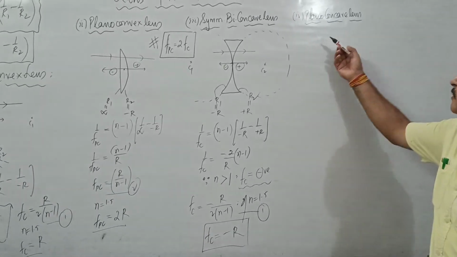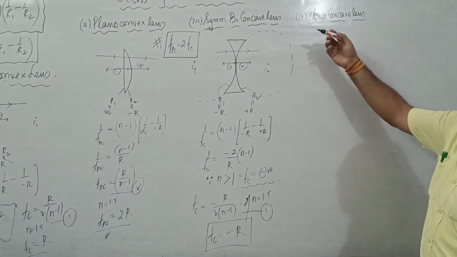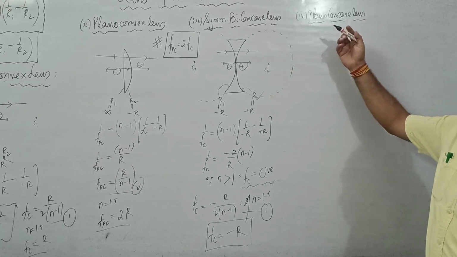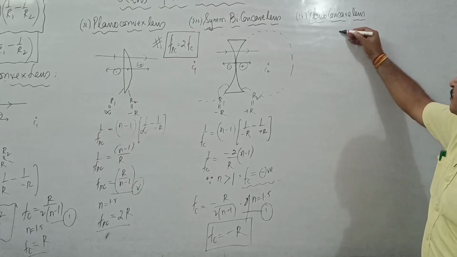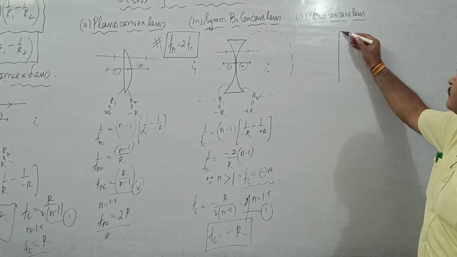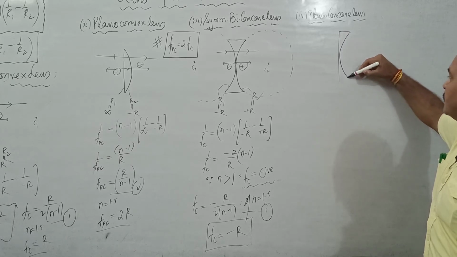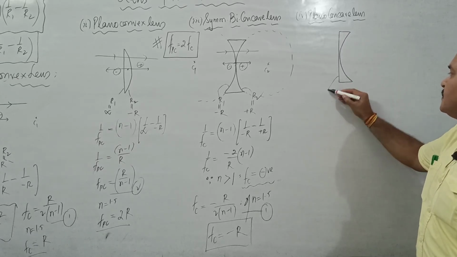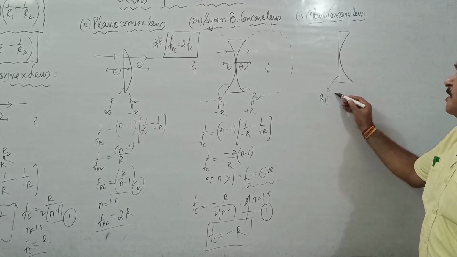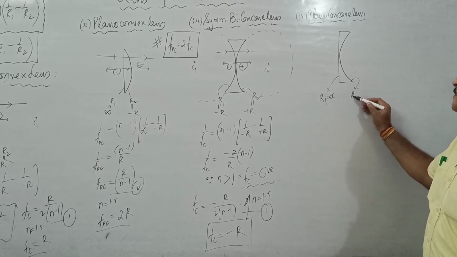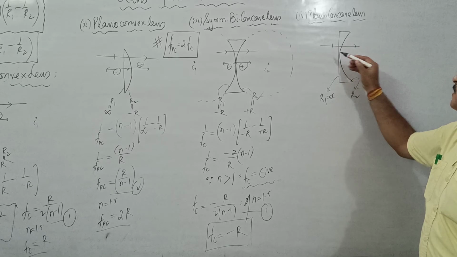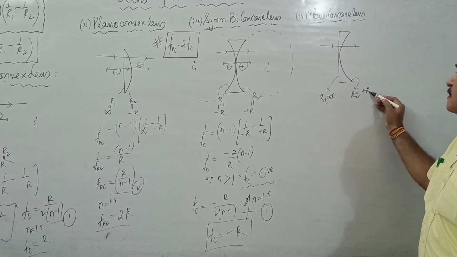Let us now apply the lens maker's formula here for the plano-concave lens and find out the focal length. This is plano-concave lens. Since this is a plane surface, its radius of curvature is going to be infinite, and this surface, which is the second surface, will have radius of curvature plus R. Why plus R?